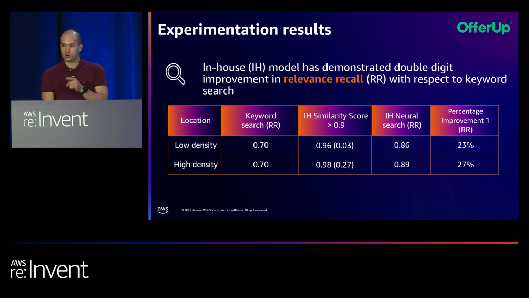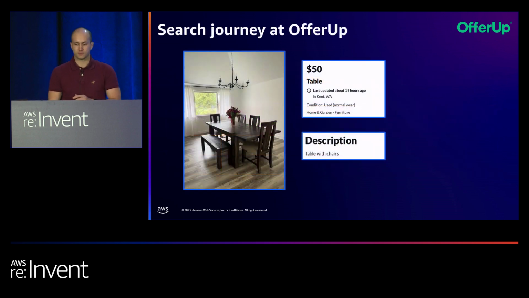If we look at this image, first of all, it's a really nice deal. I will definitely buy this for my house. And if you look at it, the title is not really meaningful, and the description is really short, right?